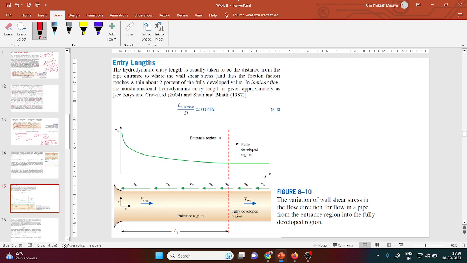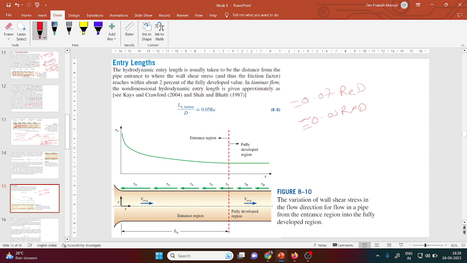So basically, that was the length I was telling. The 0.07 Re D here is given as approximately 0.05 Re D in some books. So in some book 0.07 is written, in some book this is written.